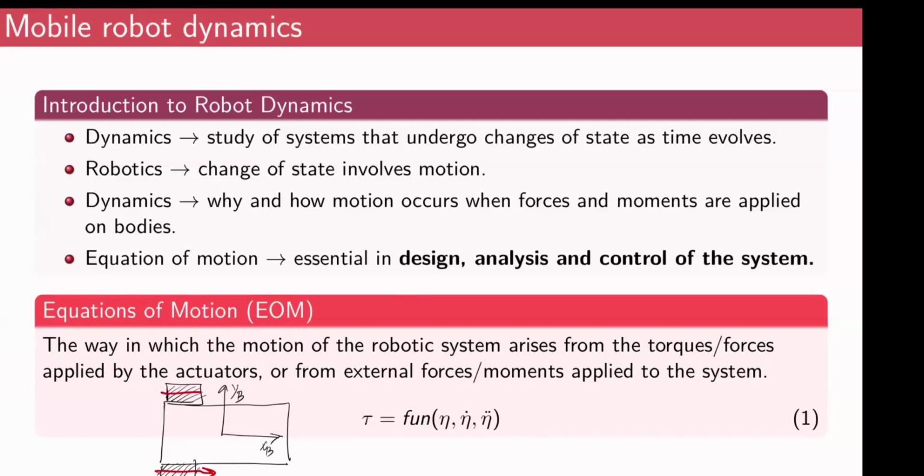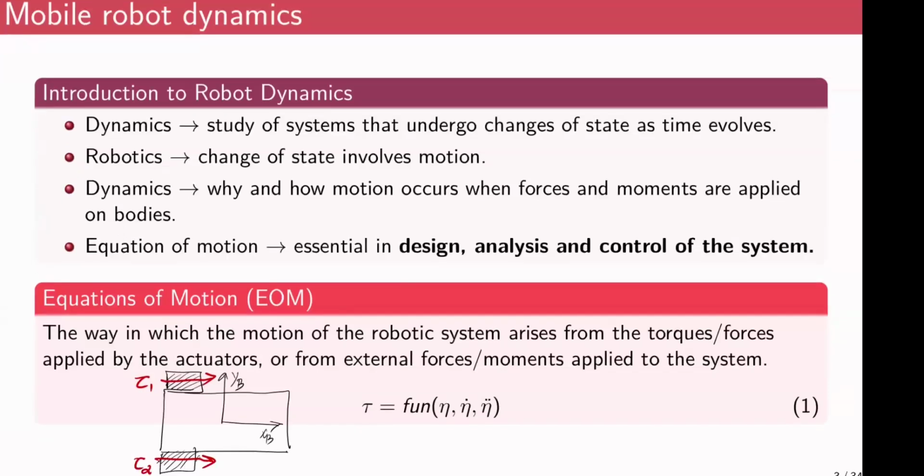By convention, we'll call this wheel one and this wheel two, and tau 1 and tau 2 are nothing but the torques that we apply to the wheels. It could also be subjected to some external forces, probably Fx, Fy, and a moment, Mz.